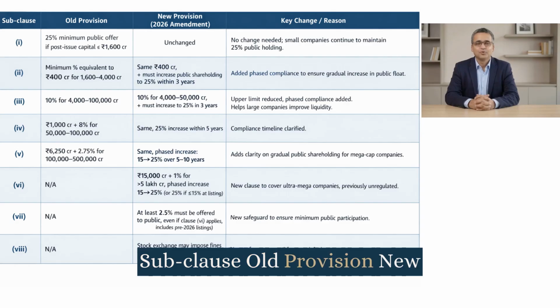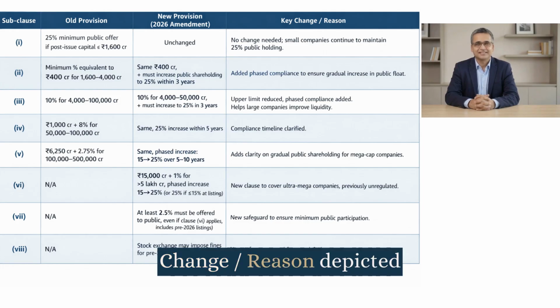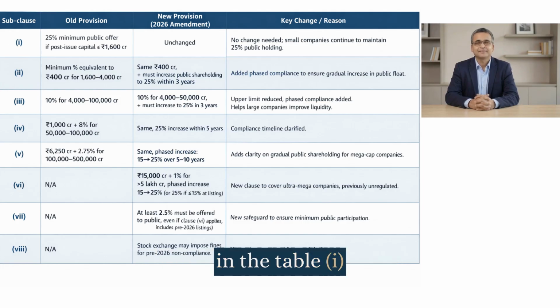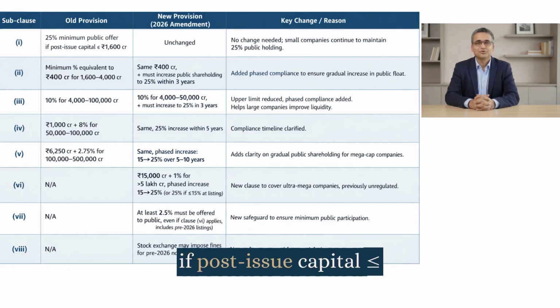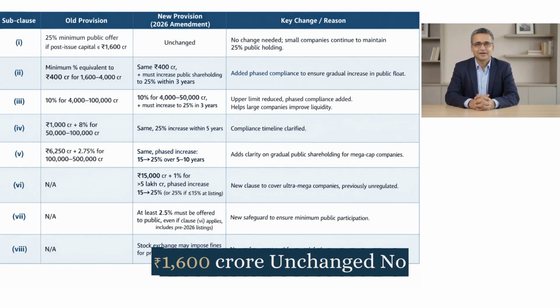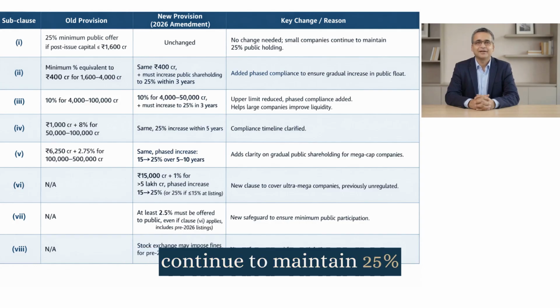Subclause, old provision, new provision, 2026 amendment, key change, reason, depicted in the table. 25% minimum public offer if post-issue capital is less than or equal to 1,600 crore rupees. Unchanged. No change needed. Small companies continue to maintain 25% public holding.